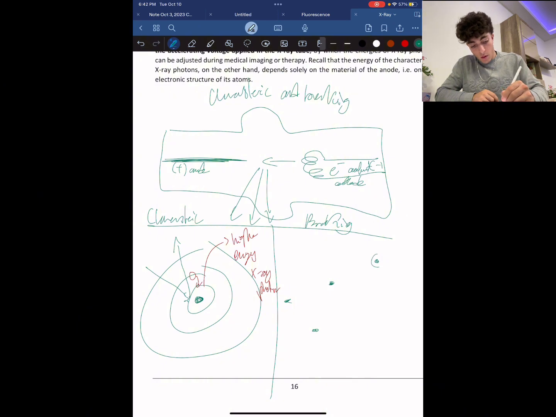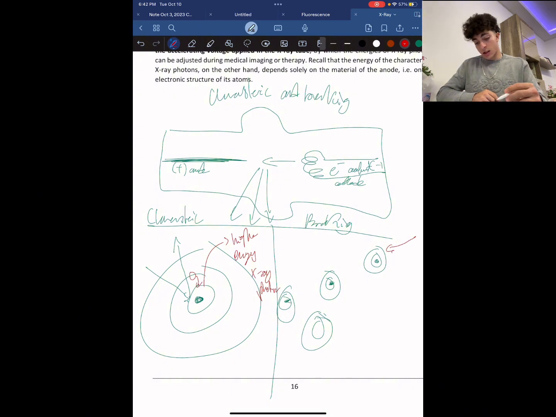Okay? Braking, though, on the other hand, we're going to have multiple nuclei. For example, 1, 2, 1, 2, 1, 2. And imagine there are electrons on these energy levels. I'm not drawing it out, but that's how it is. Then we have the photon coming in, sorry, not the X-ray photon.